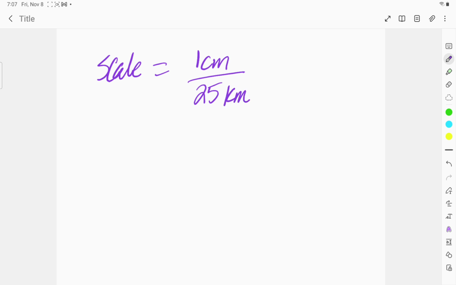So you'll use that for number 3 and 4. And then on number 5 and 6, it tells you to use the scale 1 centimeter for 60 kilometers. Oh, I'm sorry, I messed that up. 60 kilometers.